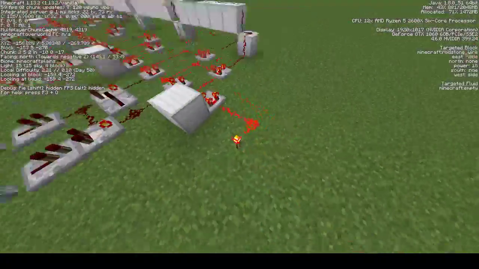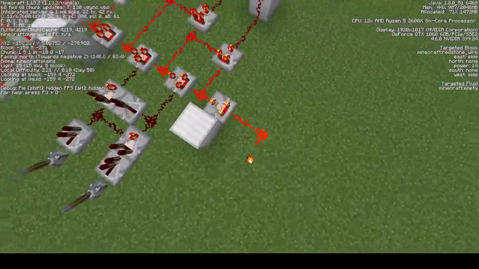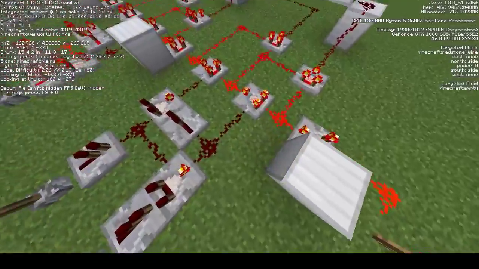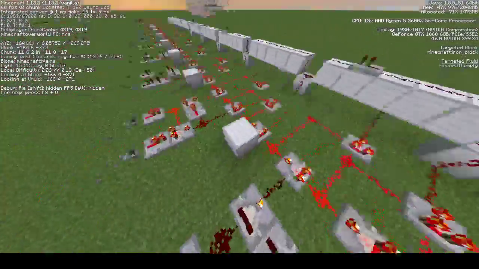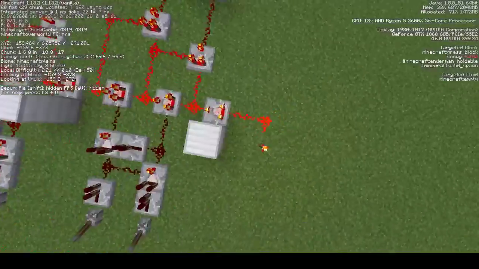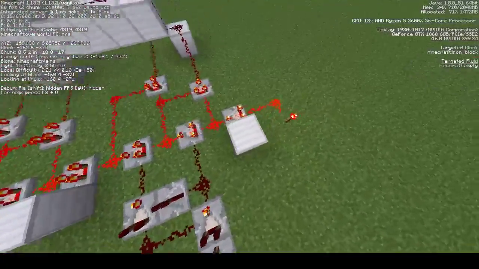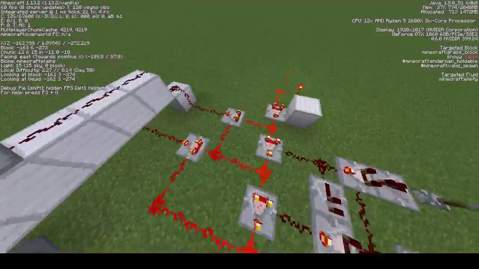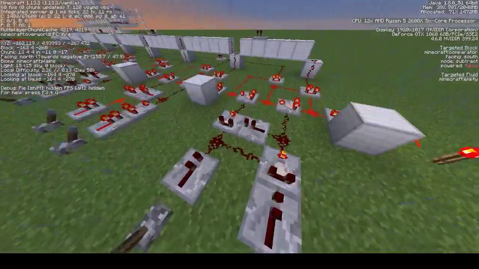The second part actually needs to have a power of only 14, because I didn't want to have to put repeaters all over here, so I just did that instead. What's happening here is, let's say one of these is on.